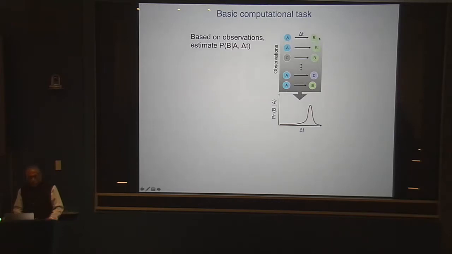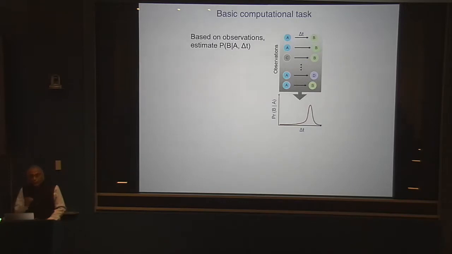You have one state transitioning to another with a certain time gap, and based on a sequence of such observations, you are determining what is the conditional probability of one state following another after a certain time lag. This is the fundamental computation that one needs to perform to estimate the model of the environment that one is immersed in.